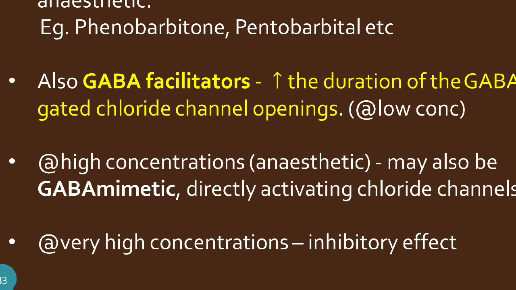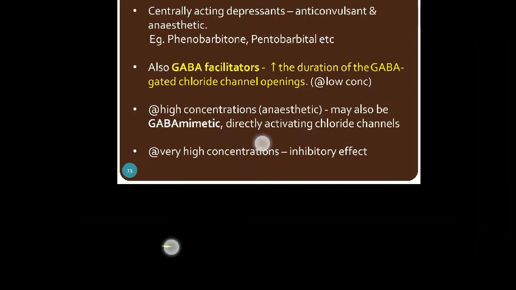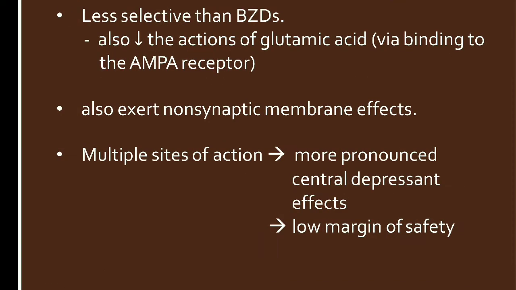At very high concentrations there is an inhibitory effect, and they are less selective. They also decrease the action of glutamic acid by binding to the AMPA receptor, and also exert non-synaptic membrane effects, with a more pronounced central depressant effect and a low margin of safety.